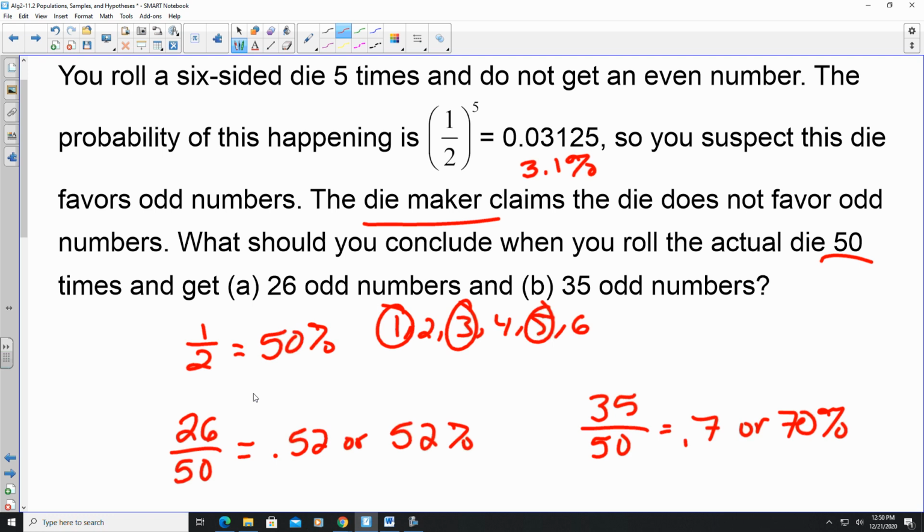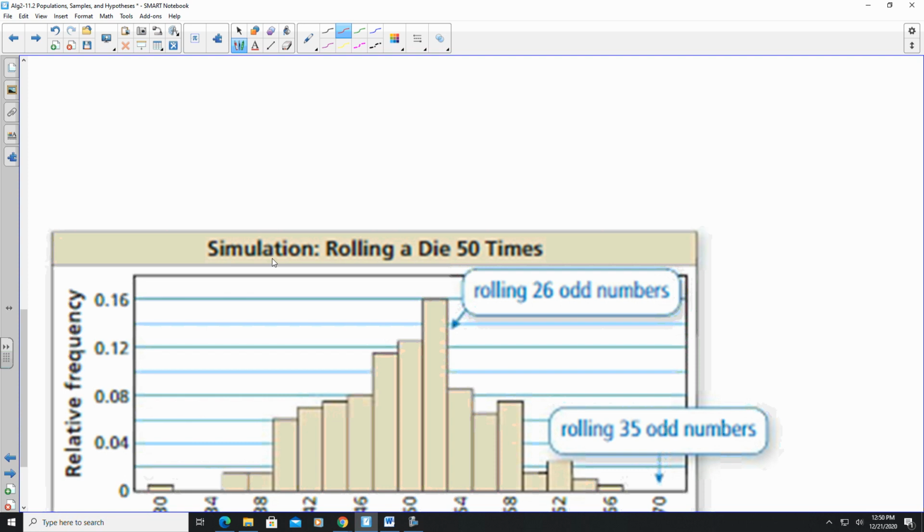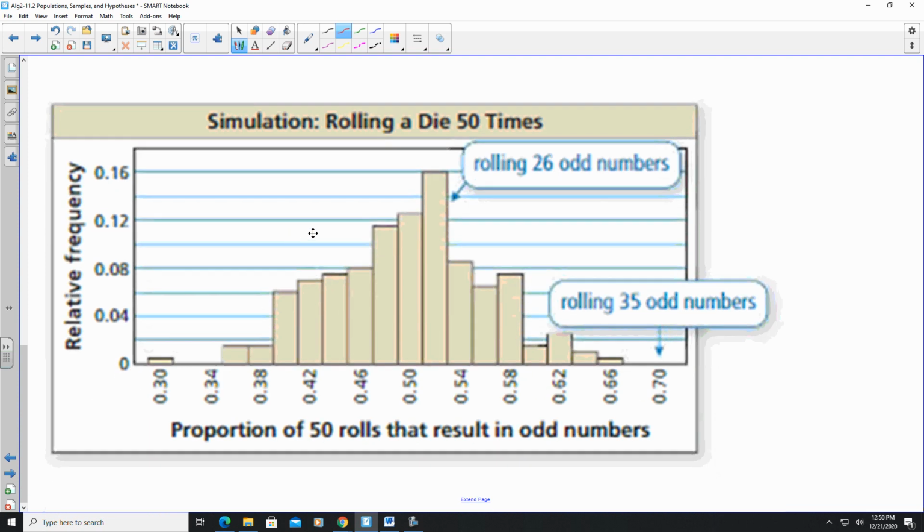Now, what we have to make conclusions of is we are going to reference this chart here. So this is a simulation of rolling a dice 50 times. If you look here, it says this is the proportion of 50 rolls that result in odd numbers. So here it looks like 0.52 is somewhere right around here, and they talk about the relative frequency.